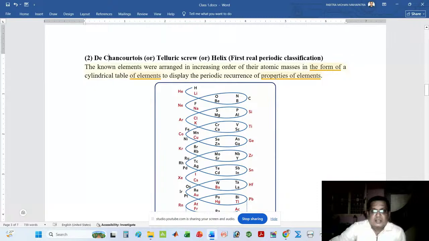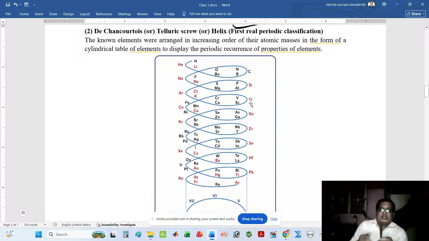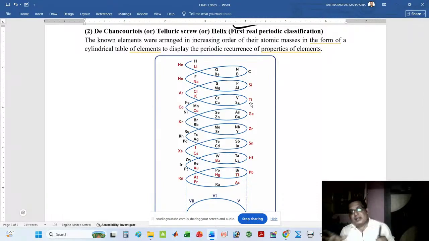But remember, this is the first real periodic classification. It is not imaginary, it is real. This cylindrical structure is made of different elements, and the elements are arranged according to the increasing order of their mass.